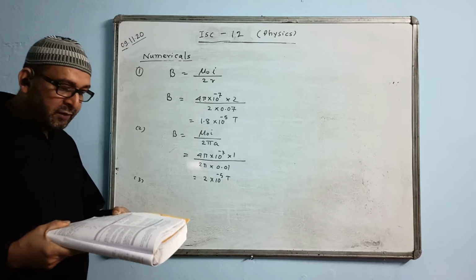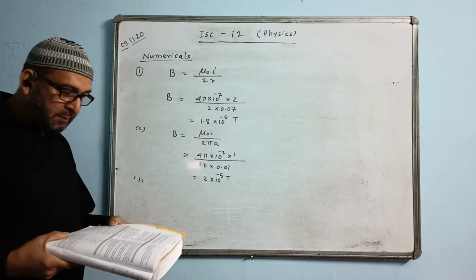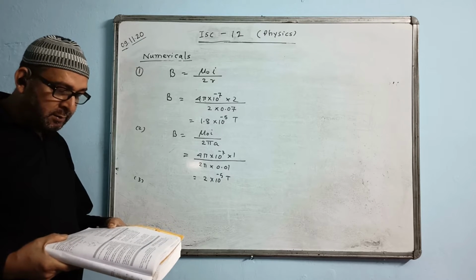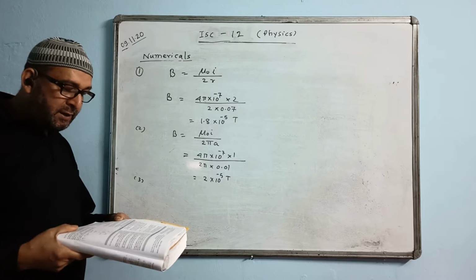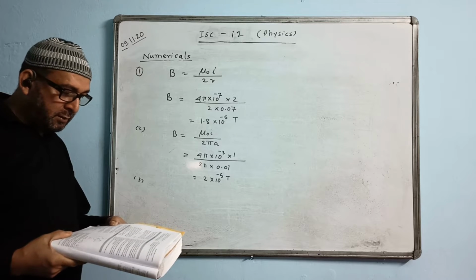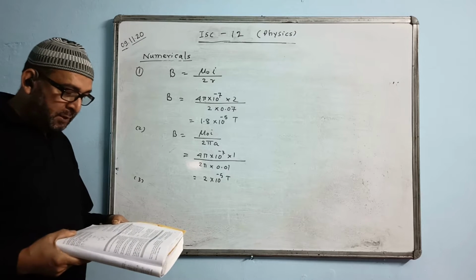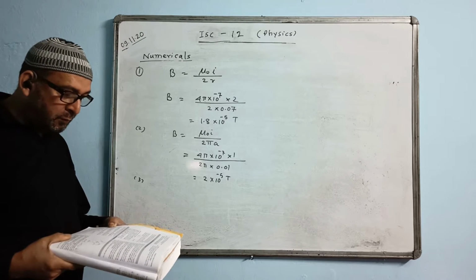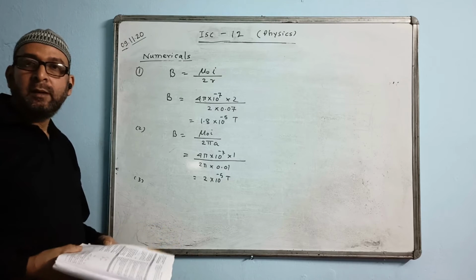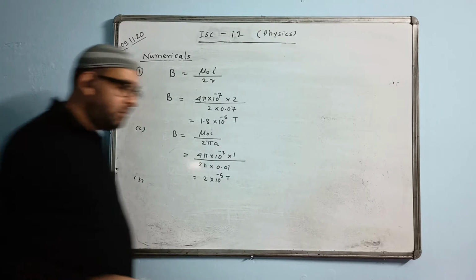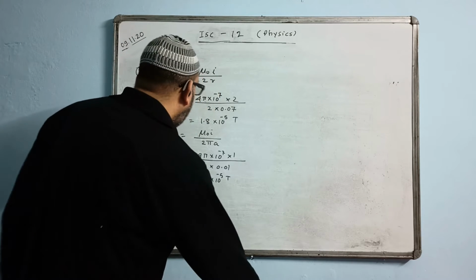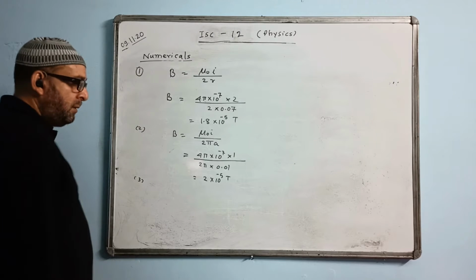What is the magnetic field at a point 20 centimeter away from the center, on the axis of the coil?